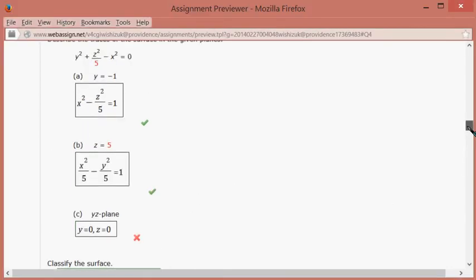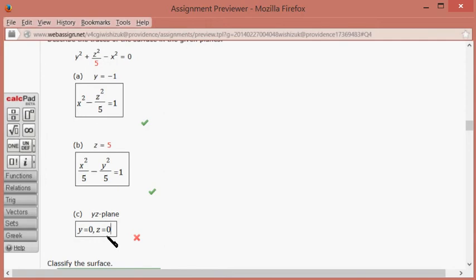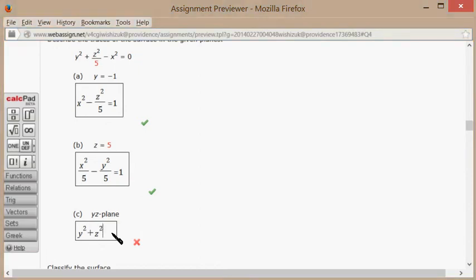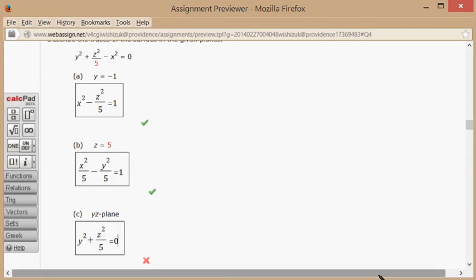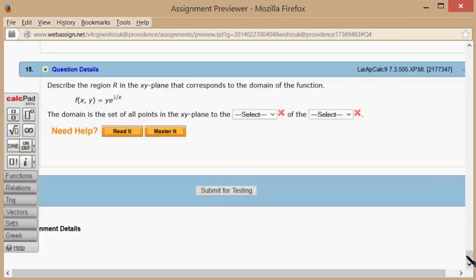I still got this one wrong, so maybe I'll write it another way. Sorry about that. We can just do y squared plus z squared over 5 equal to 0.